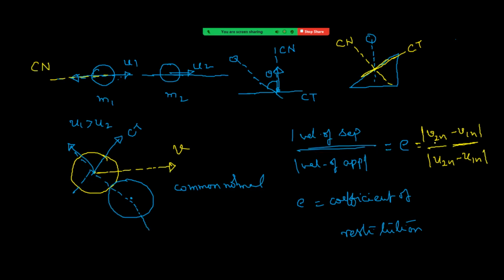So here we are taking velocity components along the common normal direction. Then we can calculate velocity of separation and velocity of approach. Their modulus value ratio is a constant. Okay. This is what we are going to use while solving problems. Right.